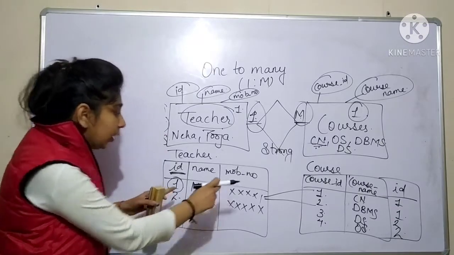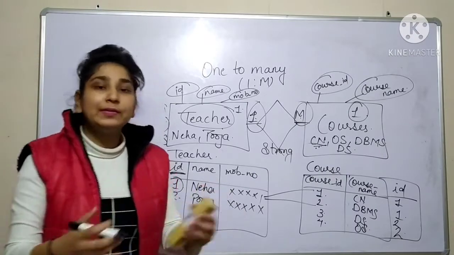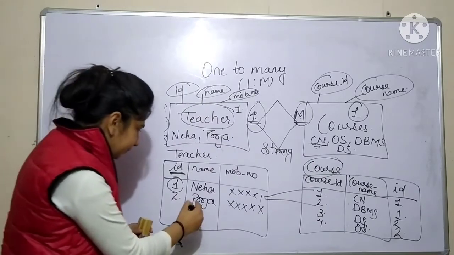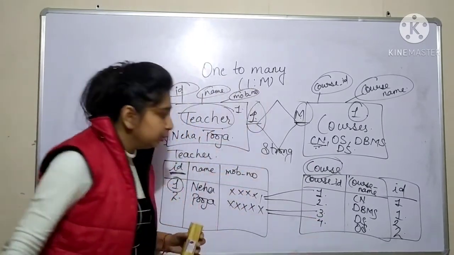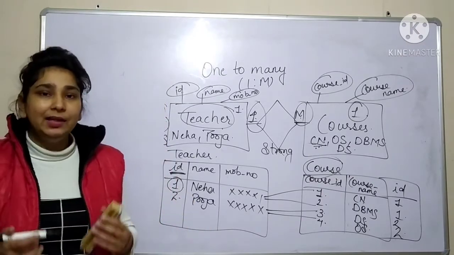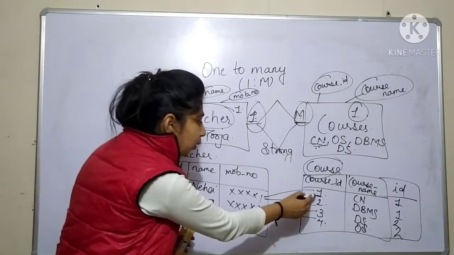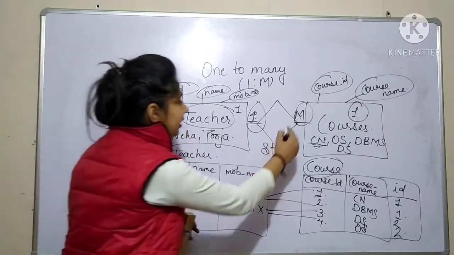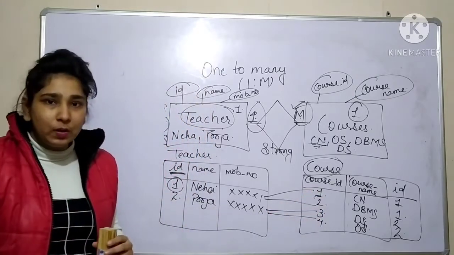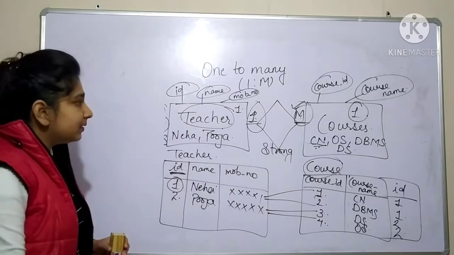One entity or one record of this teacher is related to more than one record of this course entity. Pooja is teaching these 2 courses. So it is a one-to-many relationship. One teacher is teaching many courses. One teacher is teaching many courses. Like this, Neha is teaching computer networking and DBMS, and Pooja is teaching data structures and operating system.